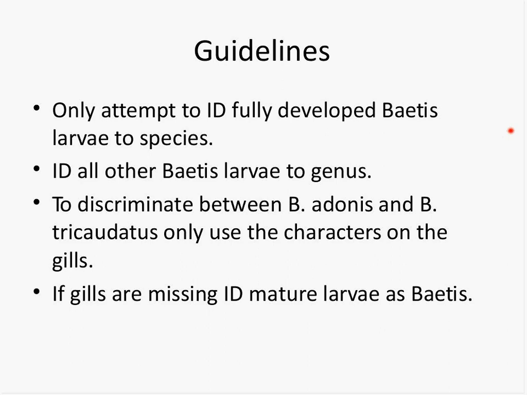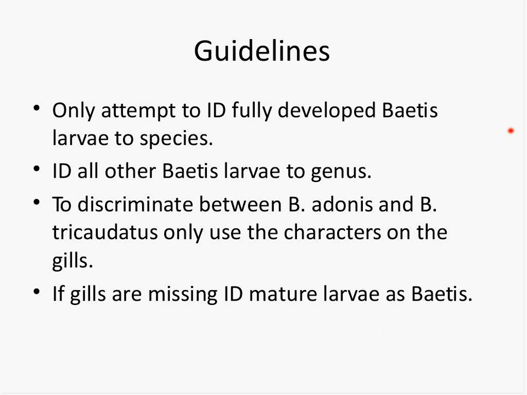Until further study is done on potential morphological characters to separate it, and there are some possible ecological characters, although I'm not familiar with them, that we may be able to use in the future. I think this requires a lot more study.